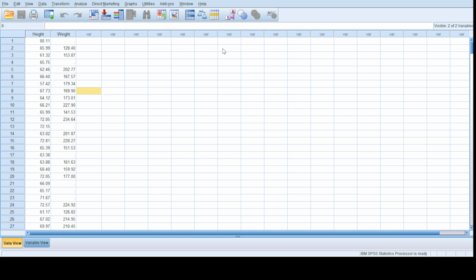Then you go to Elements. Go to Elements, click on what? Fit Line at Total. And another tool will show. Then from there, just click on Linear. The moment you click on Linear, we have the linear output out here, and you close. That is it.